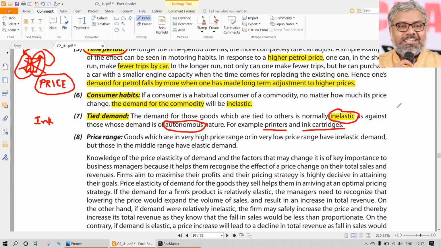Along with the liquid, if you get it for, say, 150 rupees, the liquid itself will be say 80-90 rupees. So the actual price of that machine is how much? That is negligible. Why is that? Because that is price elastic. But what is price inelastic? The cartridges, the refills that we use, those are price inelastic. The original product will be cheaper: the printer will be cheaper, the All Out machine will be cheaper.